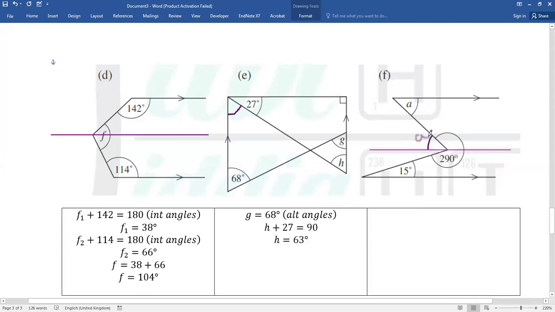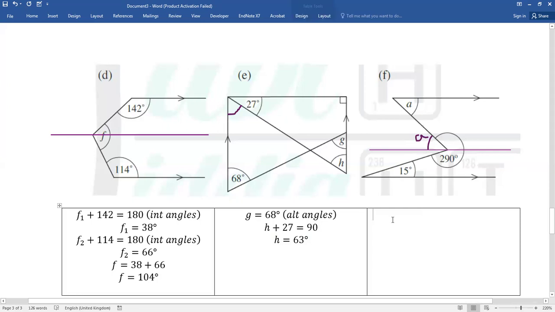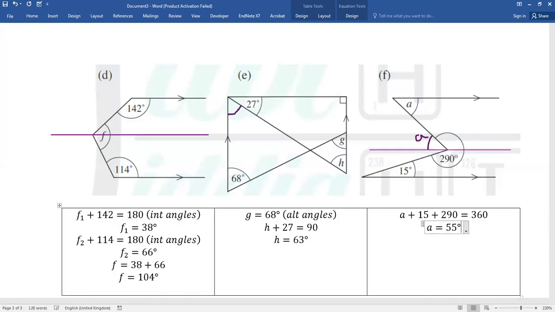Yes, we can call it A. This is a, and this is 15. So the angle here will also be 15. A plus 15 plus 290 is 360, angles at a point. Simply find this a. This will be 360 minus 305, 55 degrees. Is this clear now? Yes.